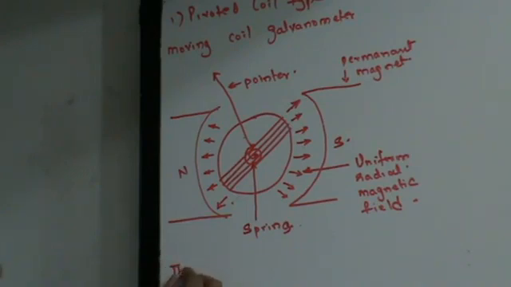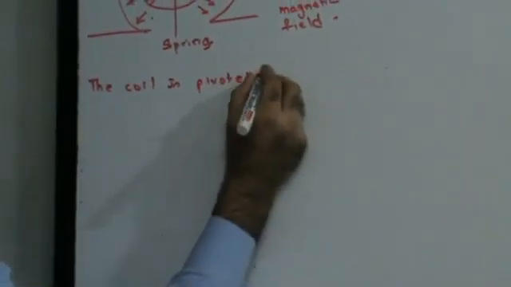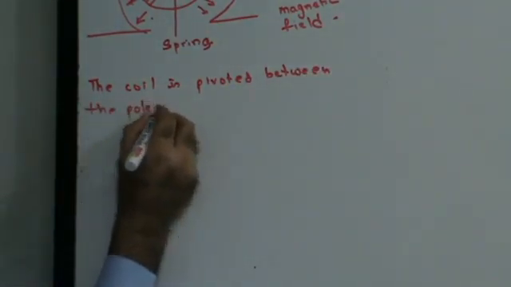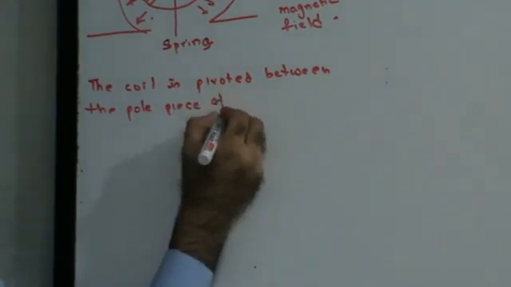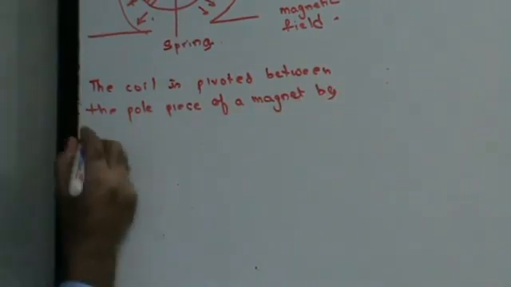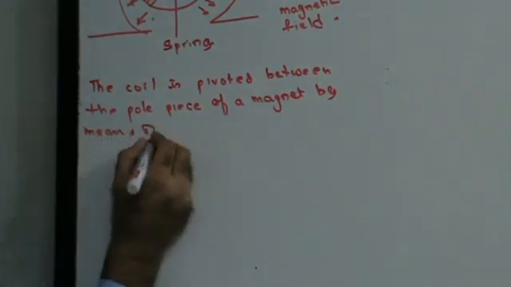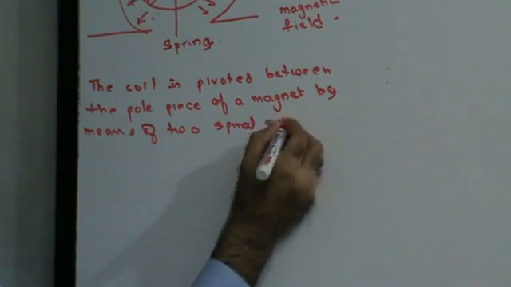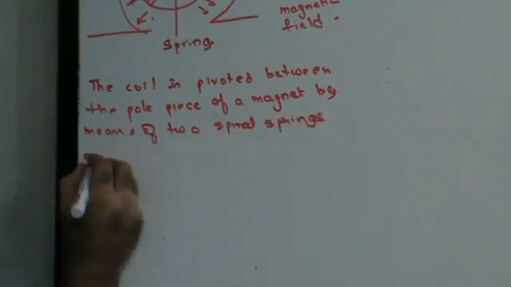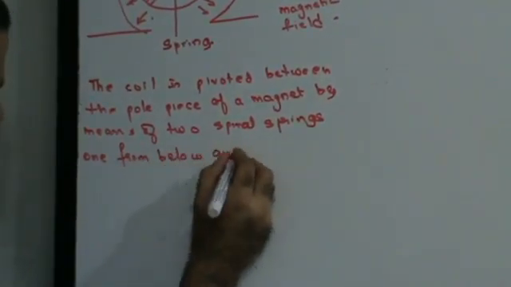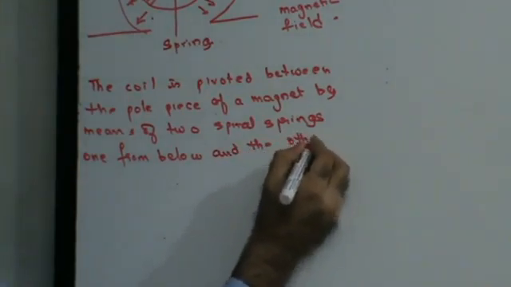So the coil is pivoted between the pole pieces of a magnet by means of two spiral springs, one from below and the other from above.